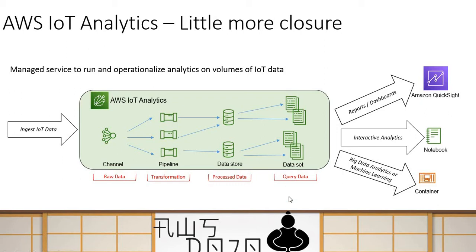And why do we have this data set over here? Your data set could be as simple as select everything from the data store, but it's kind of creating an abstraction here. In a simple form, you can have a single data set saying, hey, give me everything from the data store.